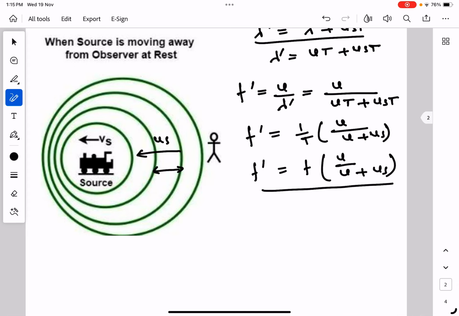So in this case, when source is moving away from the stationary observer, apparent frequency f dash is equal to f multiplied by V upon V plus Vs.